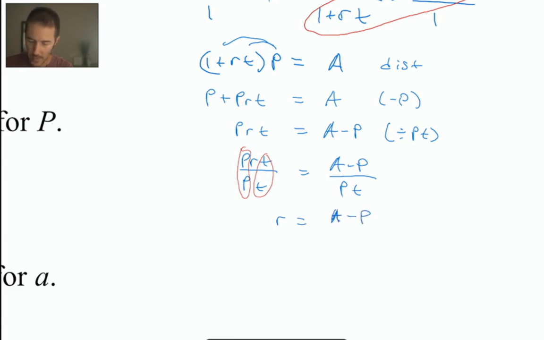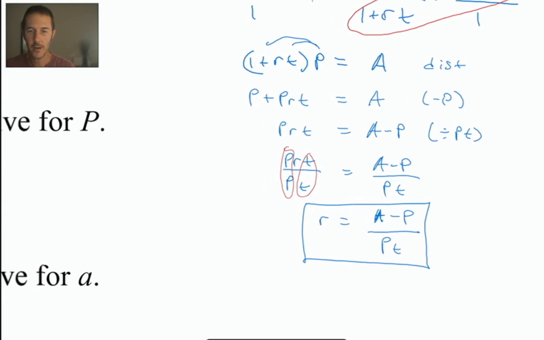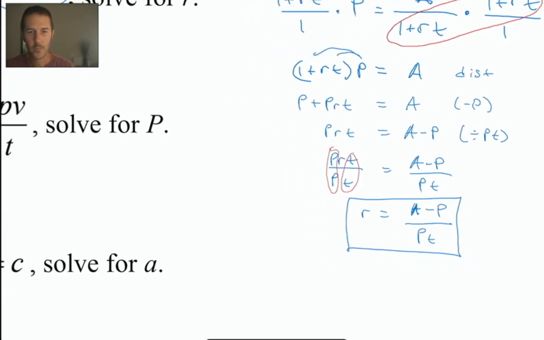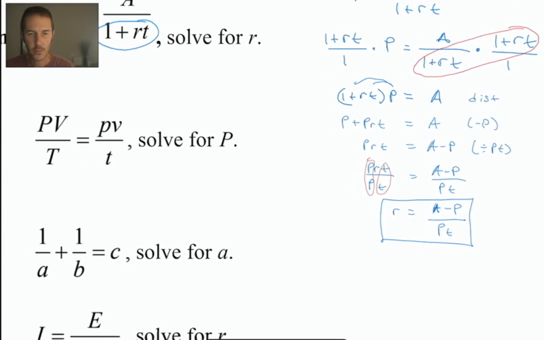And on the right-hand side, A minus P over PT. Nice. We have solved for R. In other words, we have isolated R. All the rest of these problems are asking you to do something similar.